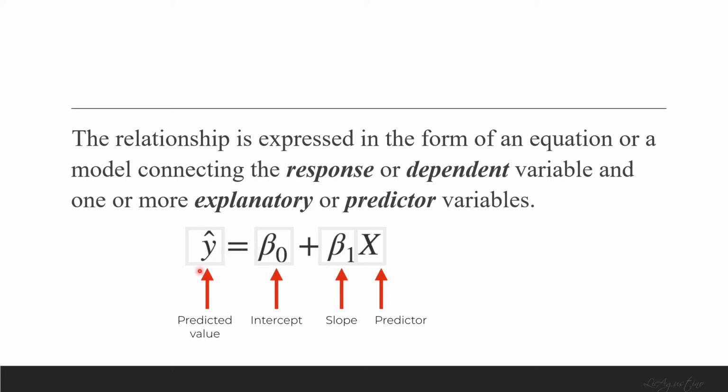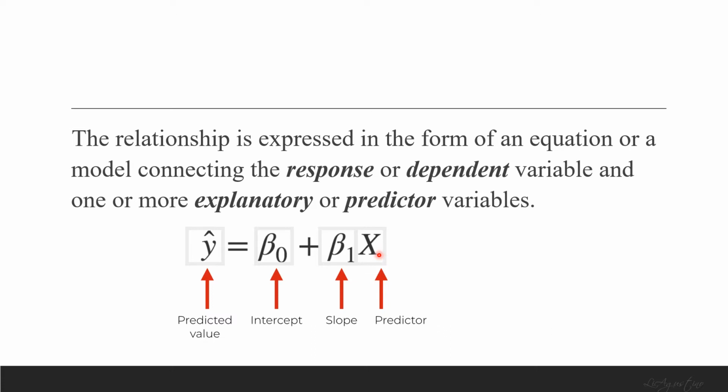Given the functional relationship, we have y hat equals beta naught plus beta 1 x. Here we only have one predictor or explanatory variable, one x variable.